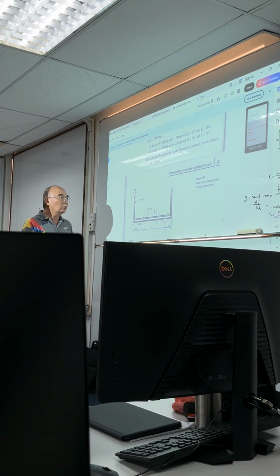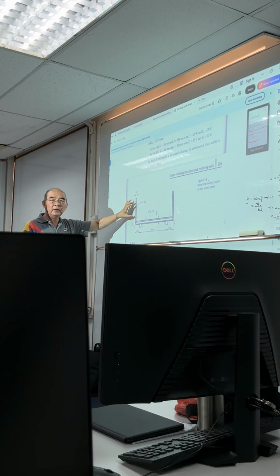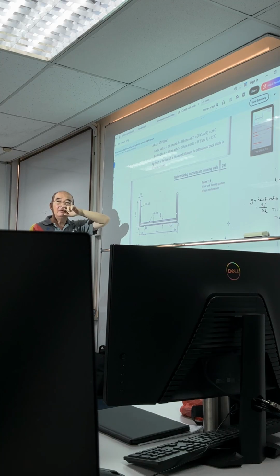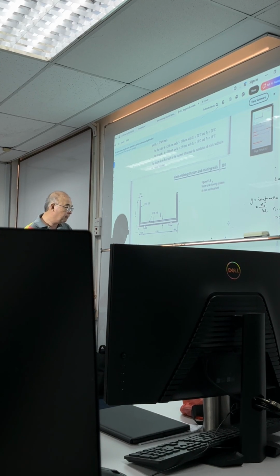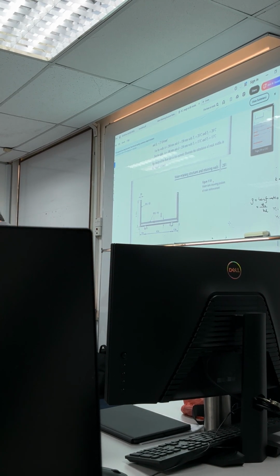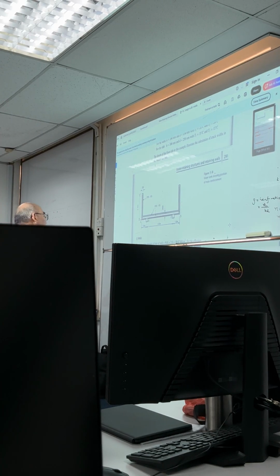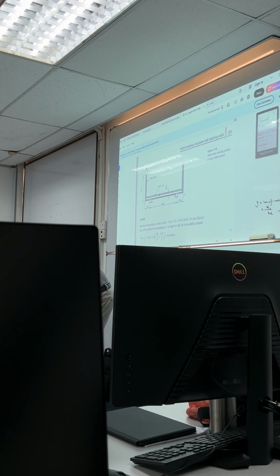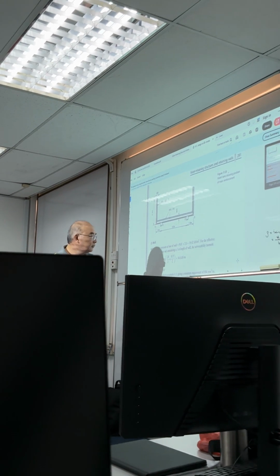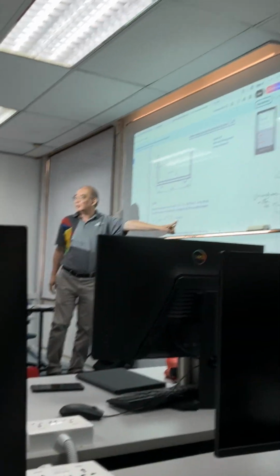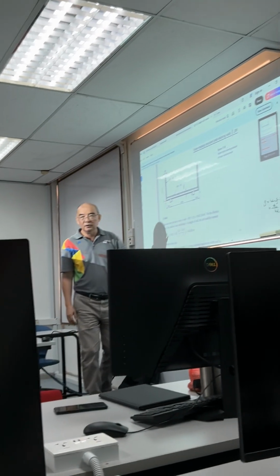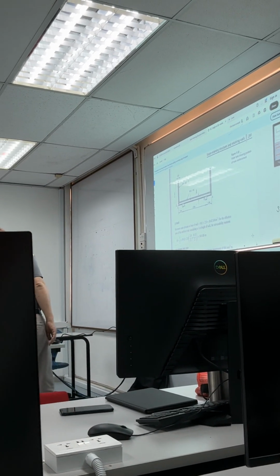The detail of the wall is actually given in example 11.1. Here, the moment is 14.6. They calculated for you, 14.6 kilonewton meter.